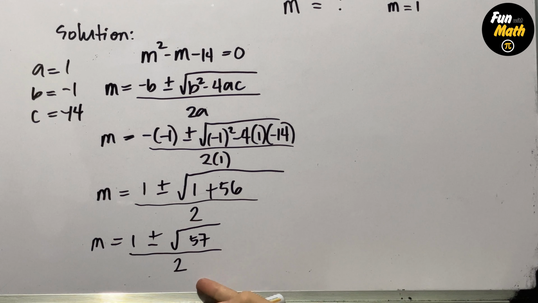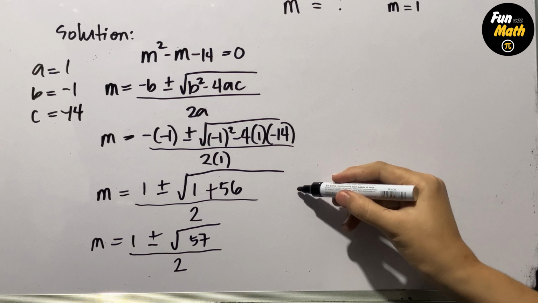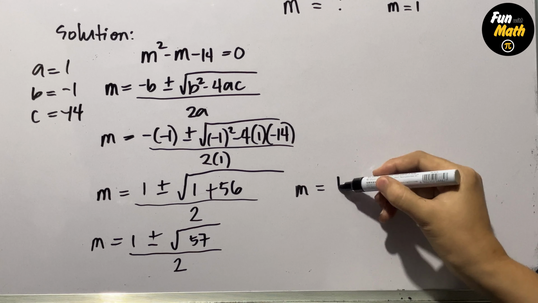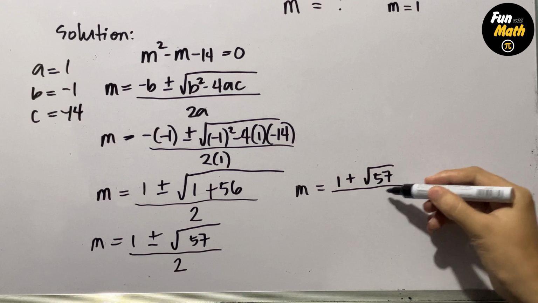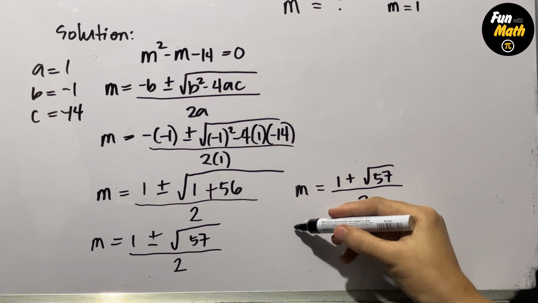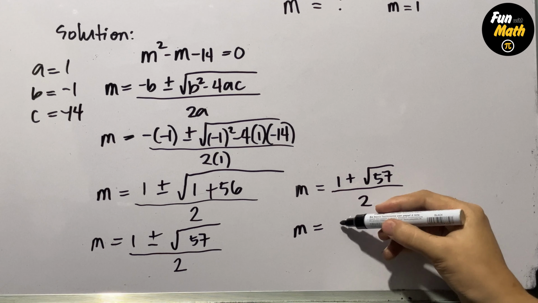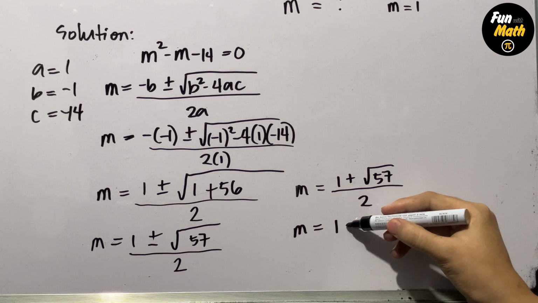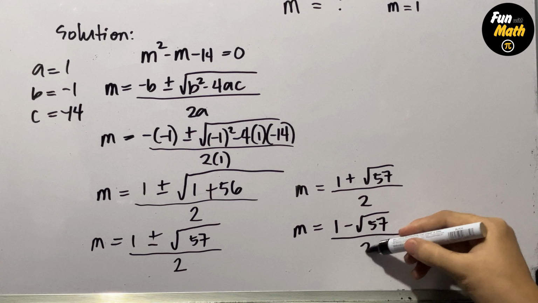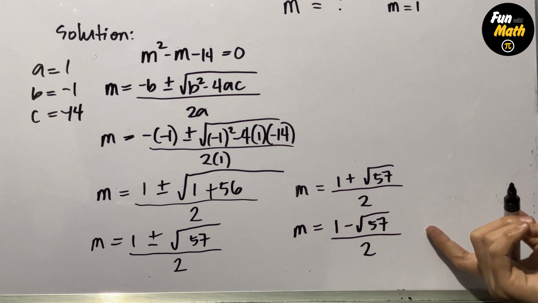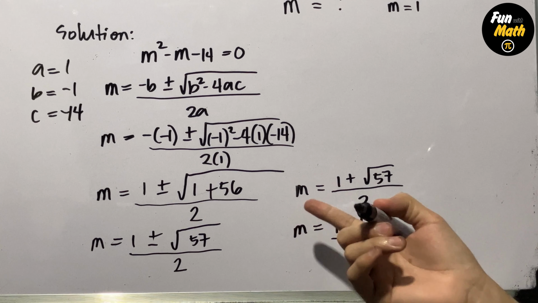Now for this, we can have two values of m. So first is m is equal to 1 plus square root of 57 all over 2. And then the other one is m is equal to 1 minus square root of 57 all over 2. So we have another values of m.